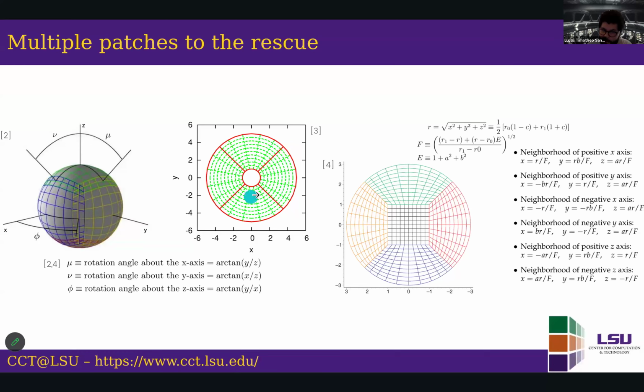But what you can do, of course, is add another layer of patches to make them exactly spherical at the outer boundaries. And what these patches do is interpolate smoothly from a flat surface of a cube to a curved surface of a quasi-sphere, right?